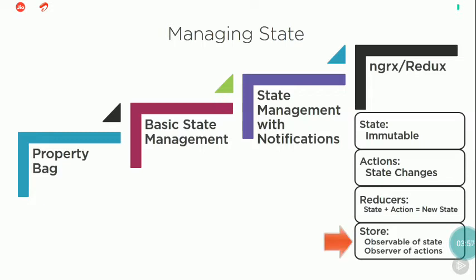And state is accessed with a store, which is an observable of the state and an observer of all actions. NGRX provides a well-defined pattern and techniques for handling complex state throughout an application, but it requires a lot of configuration and plumbing, which can result in a large amount of additional code to create and maintain.